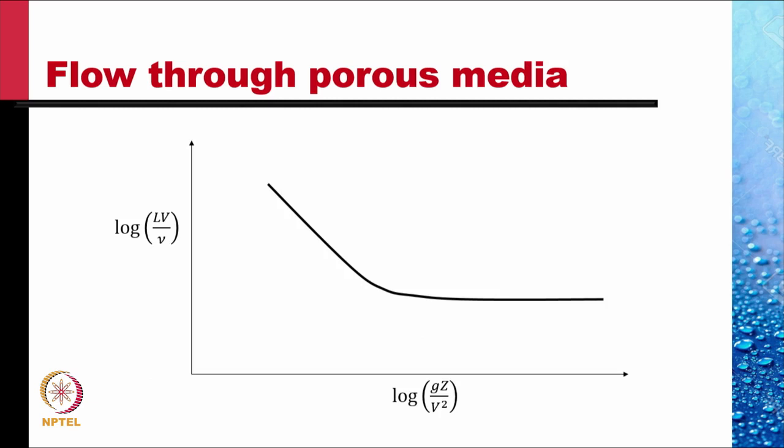These are the results from the test held on such a model as reported by Ebori. In this region, log of L V by nu is inversely proportional to g Z by V squared.